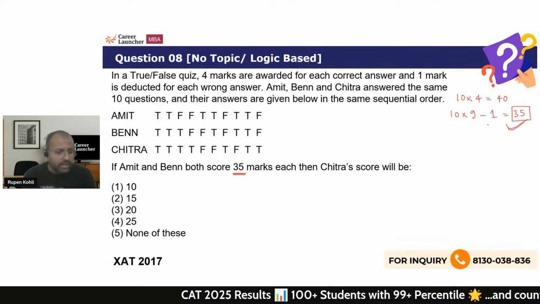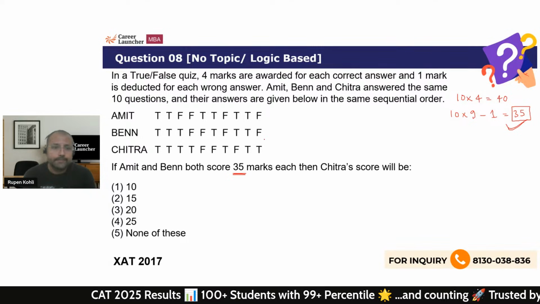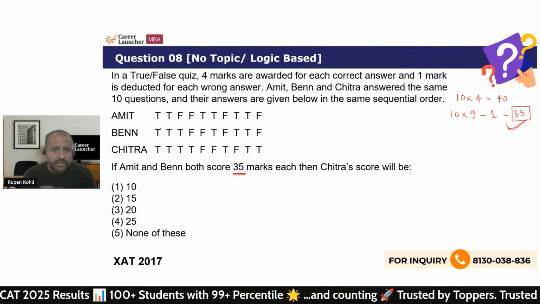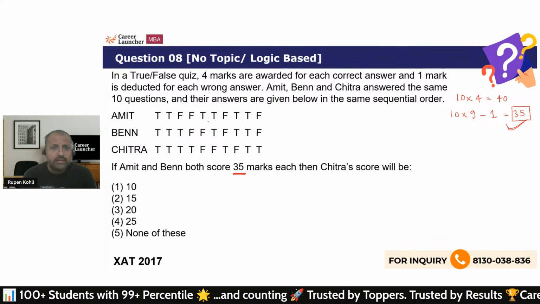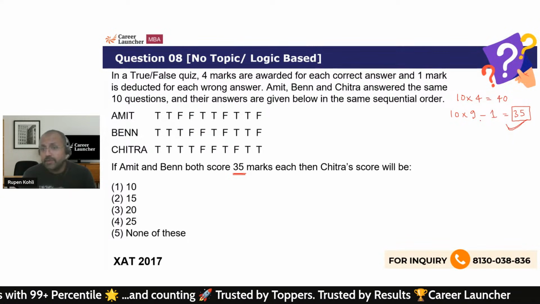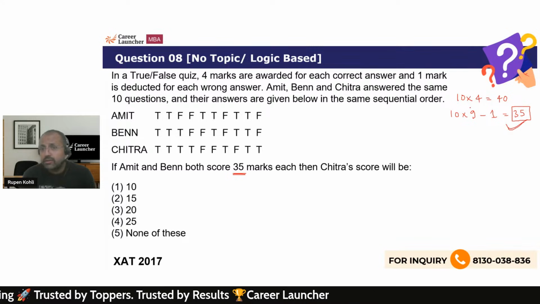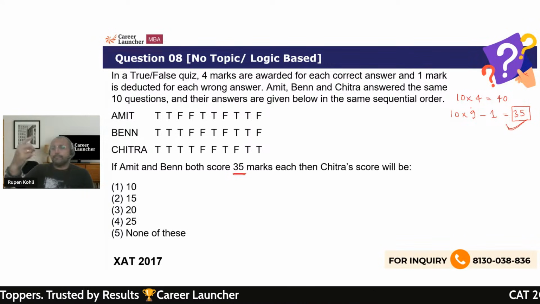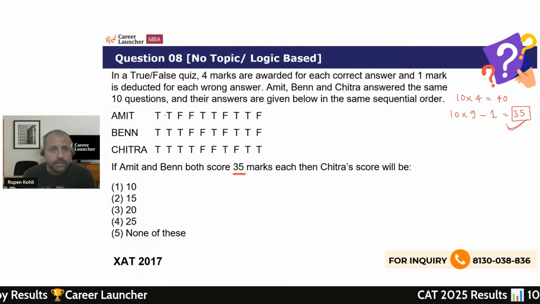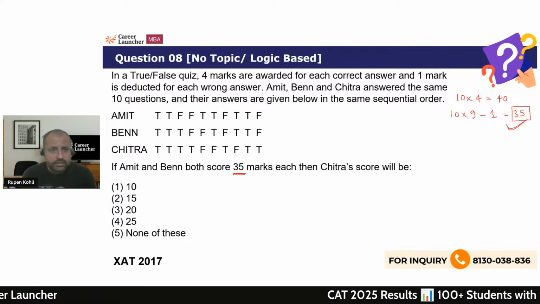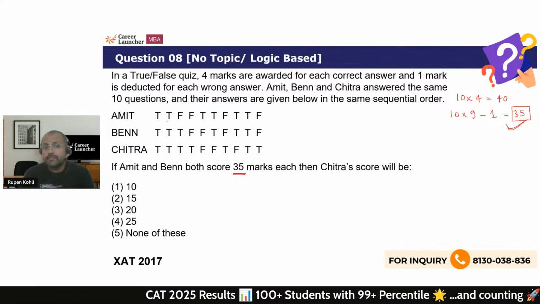Now focus on the answer key of Amit and Ben. If you look closely, then a lot of their answers are matching. It should happen because since they have answered 9 correct, their answers must also be the same, right? Now look at this. When do Amit and Ben's answer keys not match?